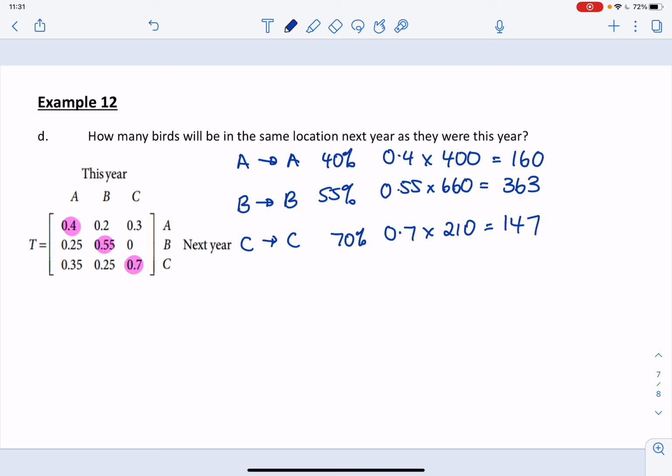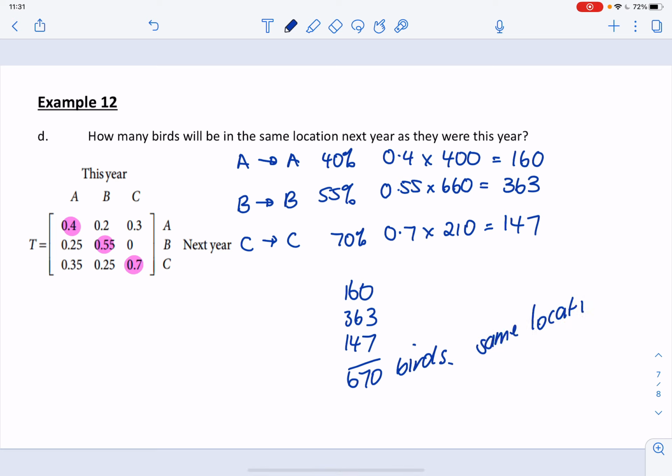And adding those together, 160, 363 and 147, we end up with 670 birds. So 670 birds will stay in the same location next year as this year.